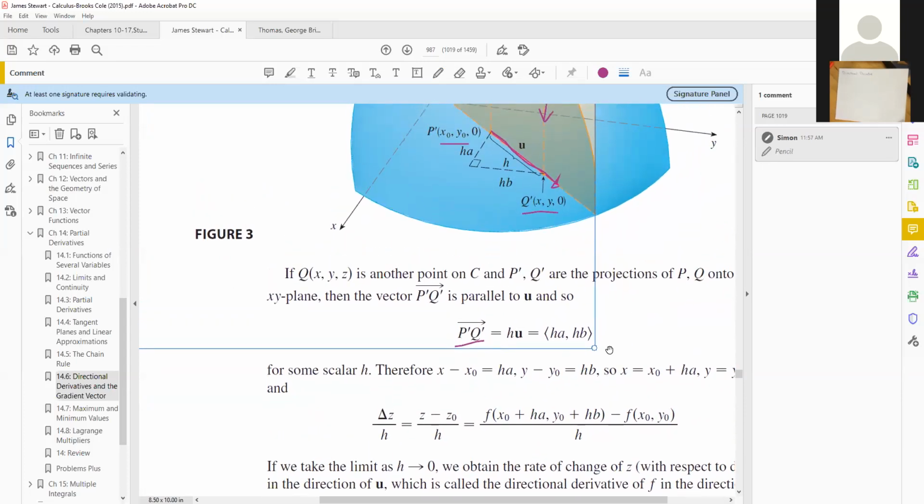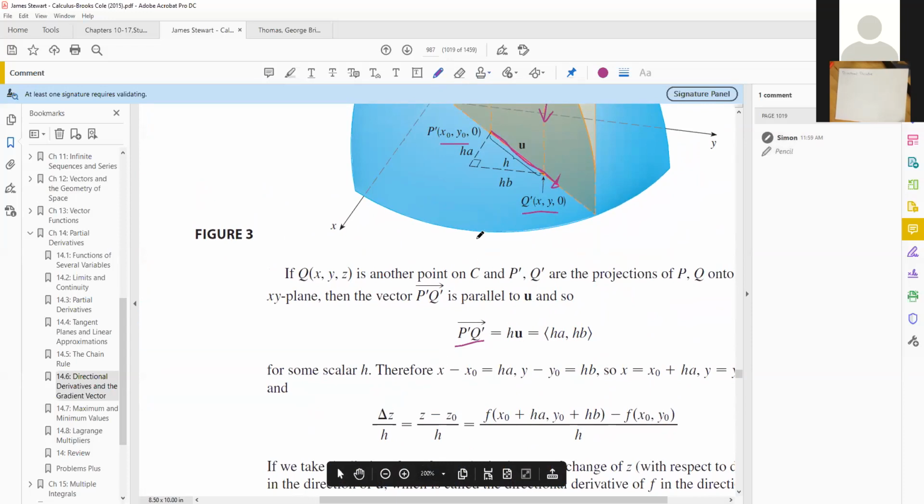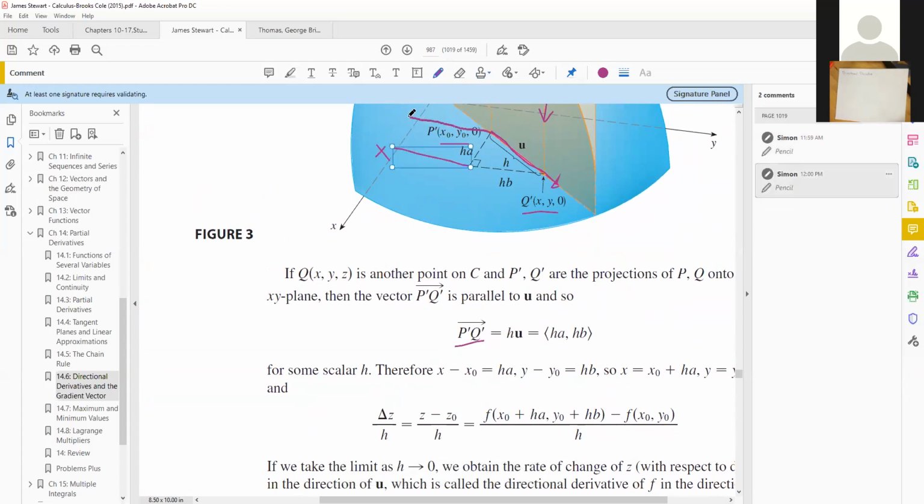Okay, but now look at this. This here is x naught, so this value is x, and this value here is x naught, right? That means that the x component of the vector p prime q prime, ha, is nothing else but x minus x naught. So x minus x naught is ha.